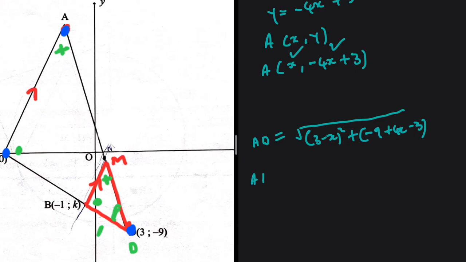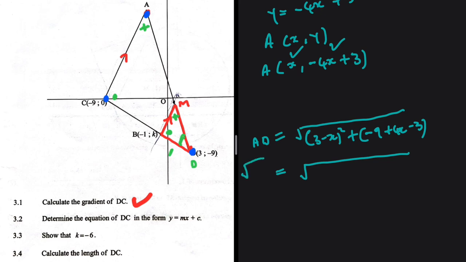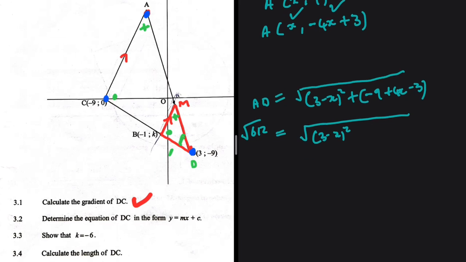Let's not forget that AD is the square root of 612. So we have 3 minus x squared, and then plus minus 9 minus 3, that is minus 12, so we have 4x minus 12 squared.